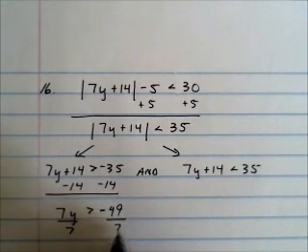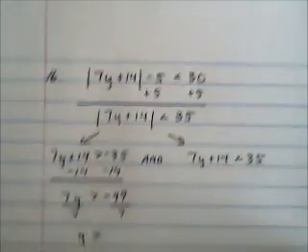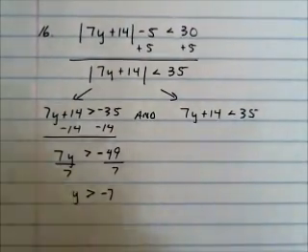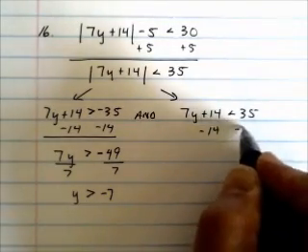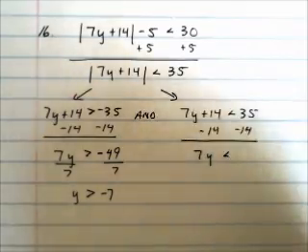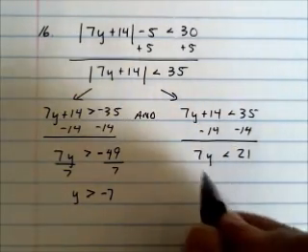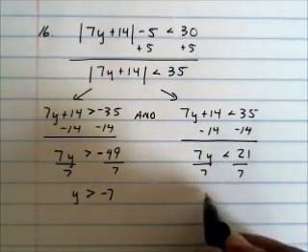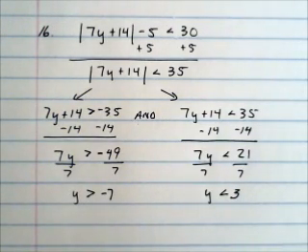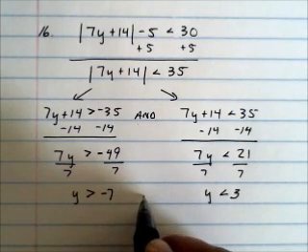Divide by 7. y is greater than negative 7. Subtract 14 from 35. The result is 21. Divide by 7. It's 3. So we have y is greater than negative 7 and y is less than 3.